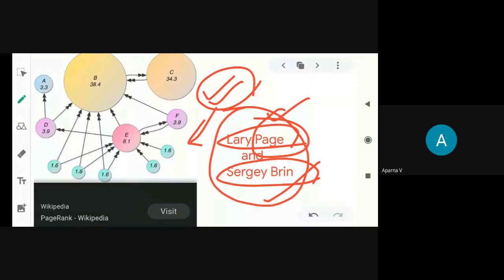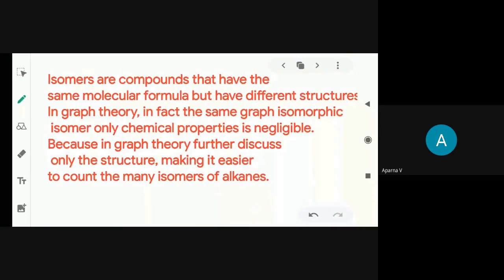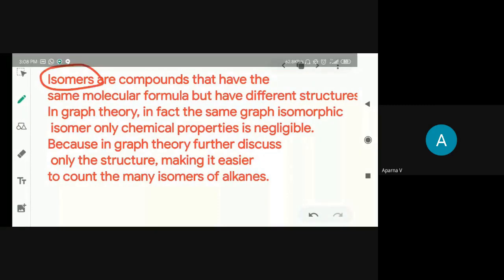Okay. Now, let me come to chemistry, where we'll be dealing with organic chemistry rather. Alkane structures: one simple compound itself will have several isomers. These are compounds that have the same molecular formula but different structures. In graph theory, only the isomorphic structure matters. Chemical properties are negligible.